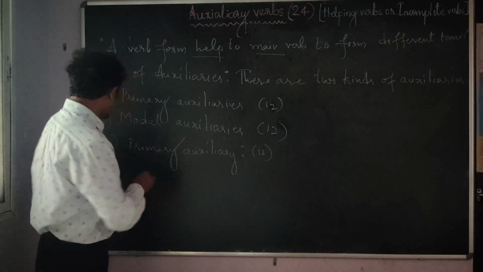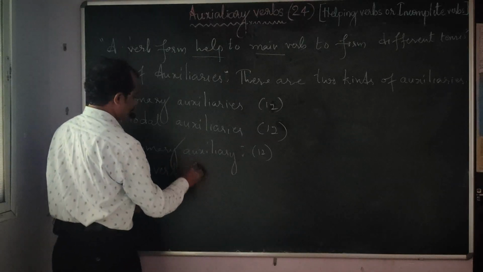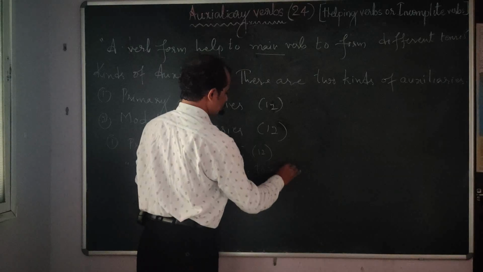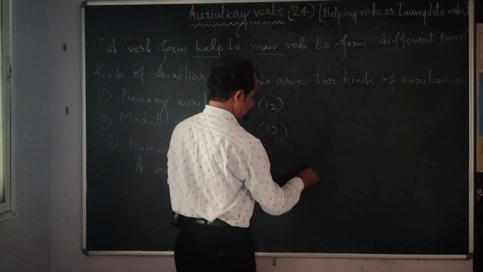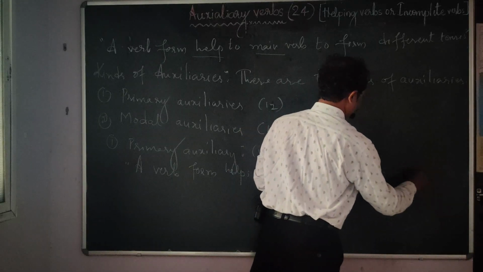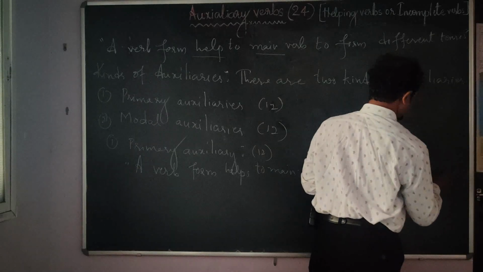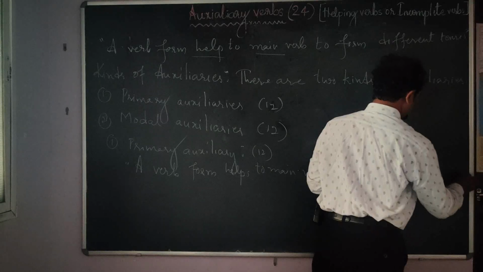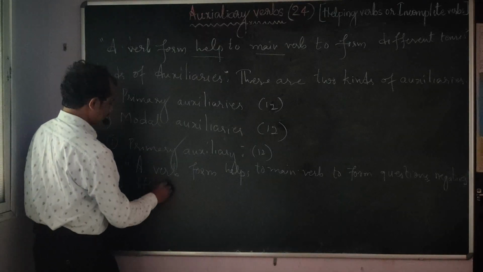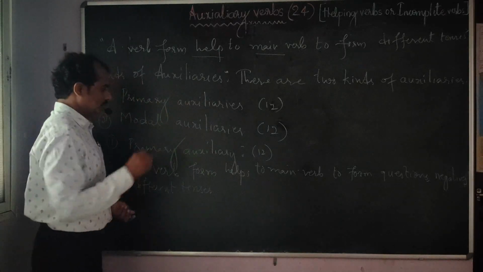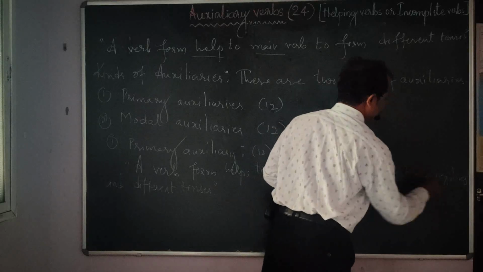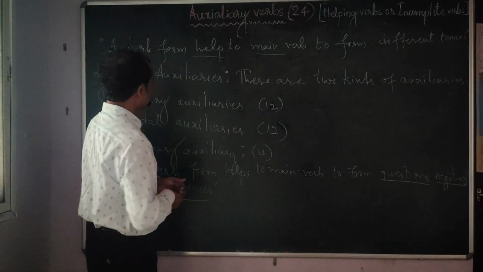A verb form helps the main verb to form questions, negatives, and different tenses. These are called primary auxiliaries.